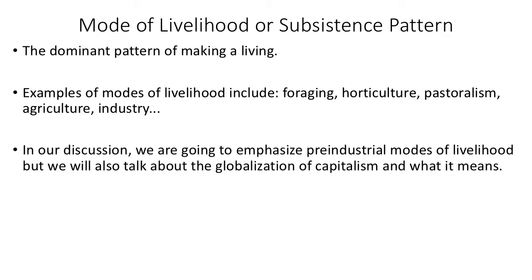But in our discussion, we're going to emphasize pre-industrial or non-industrial modes of livelihood, like foraging, horticulture, pastoralism, and agriculture. But we will need to say something about the globalization of capitalism and what that means.